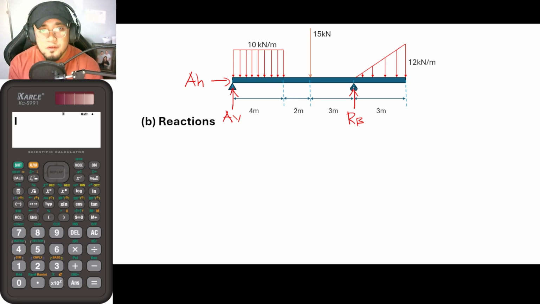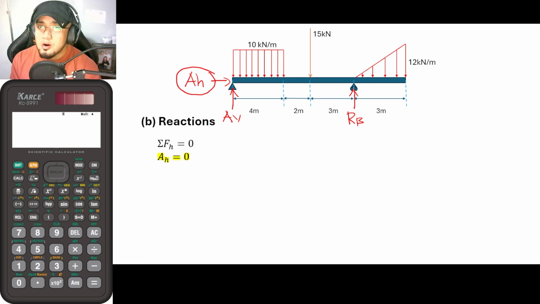So let us now solve for these values. In order for us to solve for AH, we could make use of the summation of forces horizontal equal to 0. If we get all of the forces acting horizontally on this beam, we just have AH and nothing more, meaning AH is equal to 0. So in our case now, AH is 0.